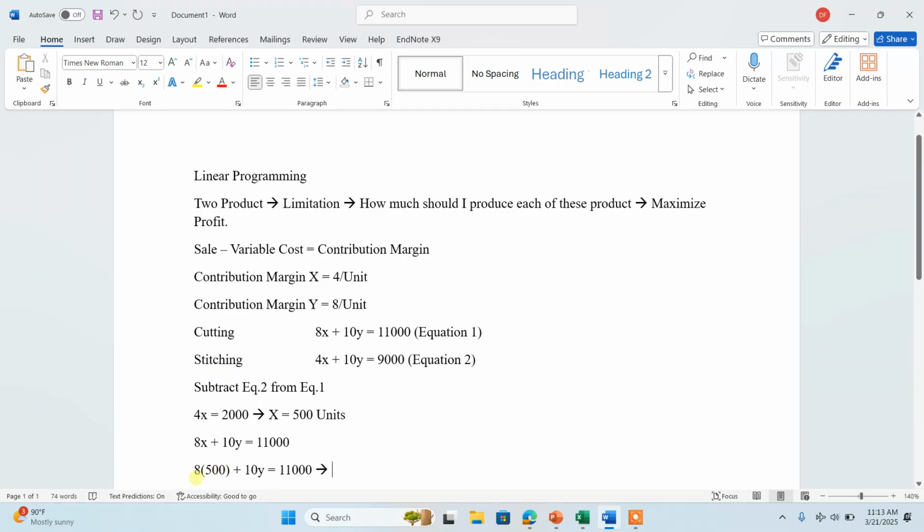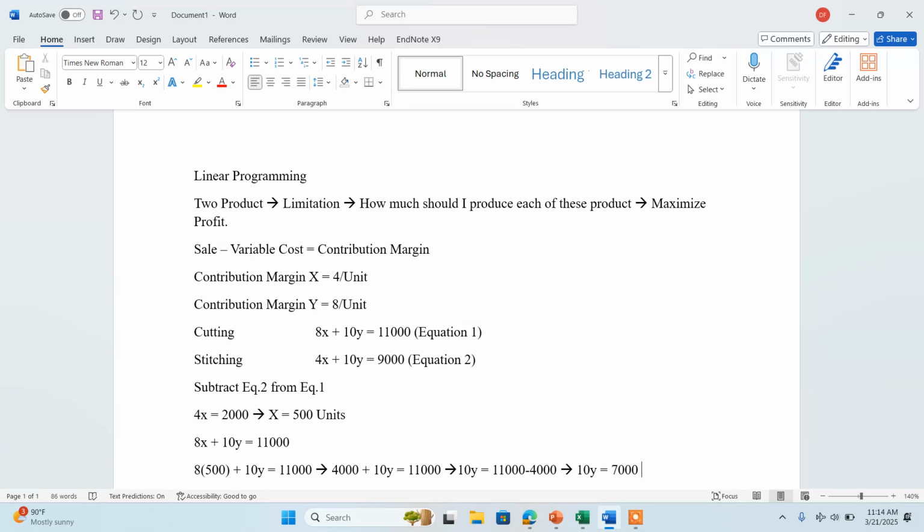So 8 multiplied by 500 is 4,000, plus 10y is equal to 11,000. Now this 4,000, when it comes on this side, will be minus. So 10y is equal to 11,000 minus 4,000, which is equal to 7,000.